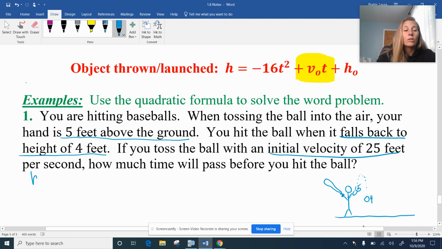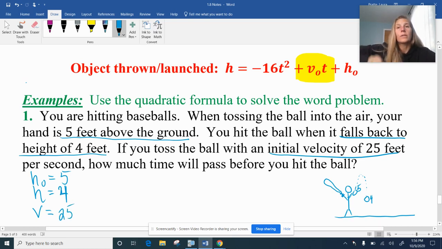So we know that the starting height, or that h sub 0, was 5 feet, and the ending height, which is just the regular h, was 4 feet, right? And then the velocity was positive 25 because it was tossed upward. Any object moving upward first has a velocity that's going to be positive. Any object that'll be pushed downward is actually going to have a negative velocity.